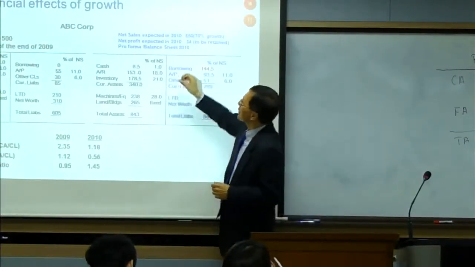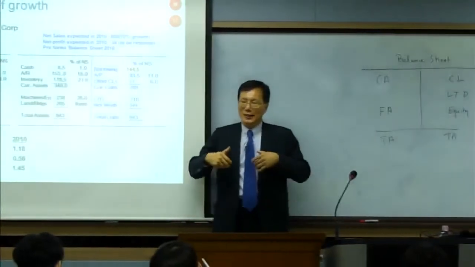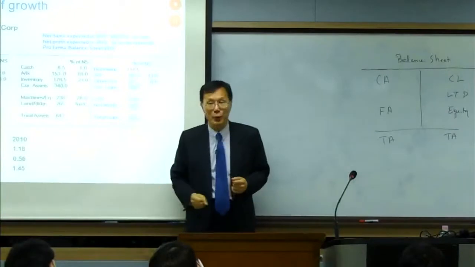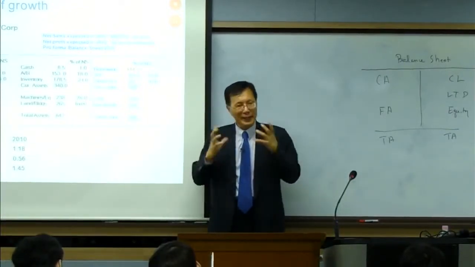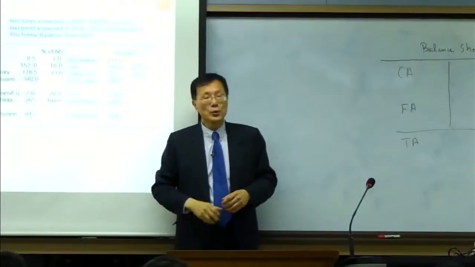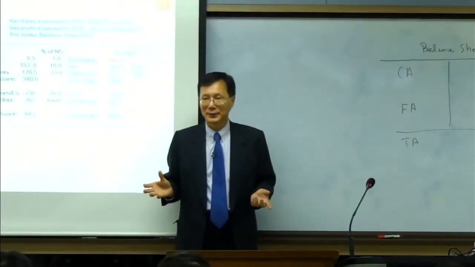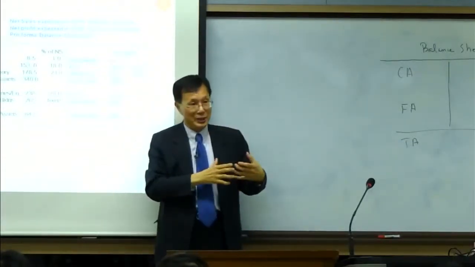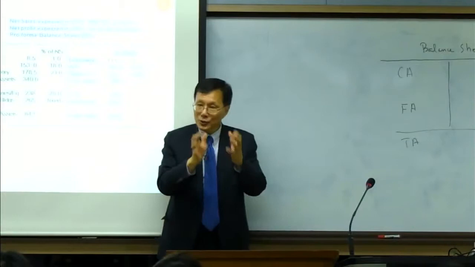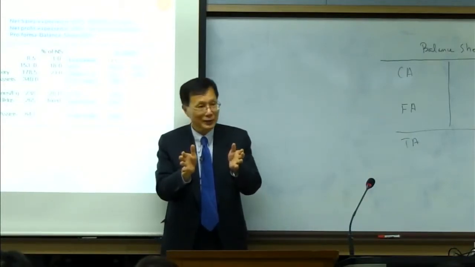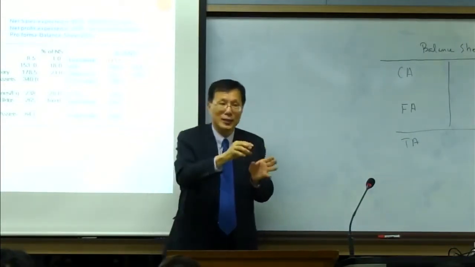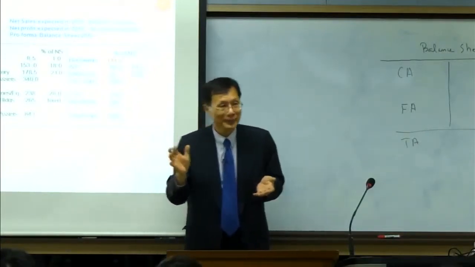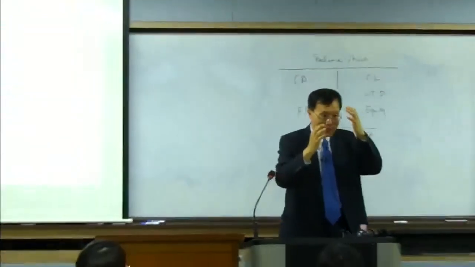And the company expects to have net income, net profit after tax, of 34. And out of 34, no dividend is going to be paid. 0 dividend. So 34 will be retained within the firm. It will be added to the account called retained earnings. So equity position will go up by 34. Do you see this? Okay.